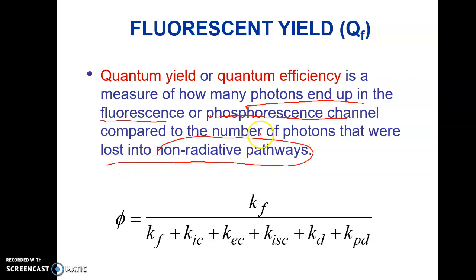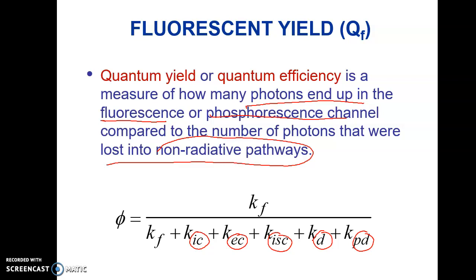What is the non-radiative pathway? It is all those internal conversion, external conversion, intersystem crossing, dissociation and pre-dissociation. These non-radiative pathways are detrimental to the fluorescence because it can be due to several factors that we discussed before.